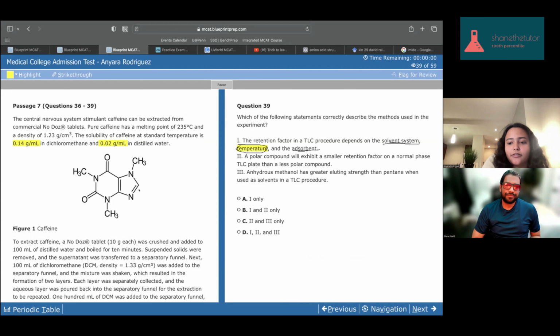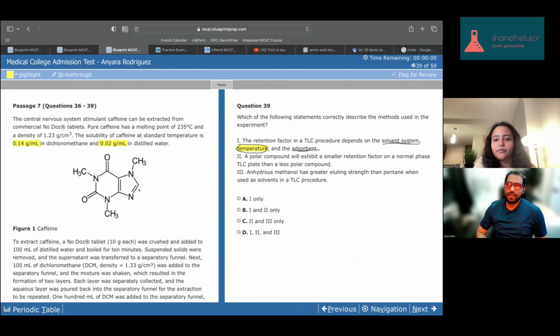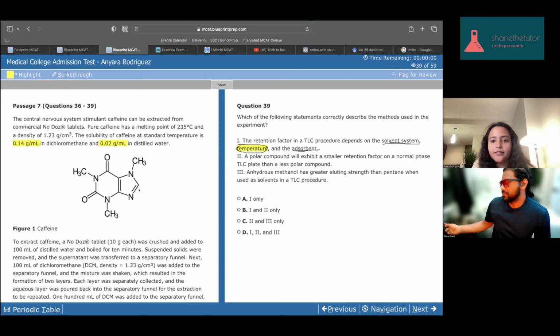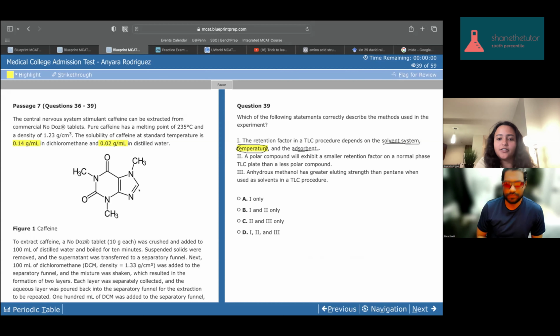Because the stationary phase of the TLC plate, like most of these procedures, is polar. Because the compound is polar, it's going to attach stronger to the plate and less to the mobile solvent front, and so it's going to travel less far up.